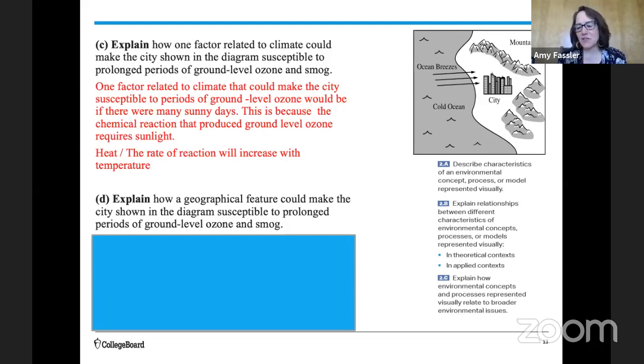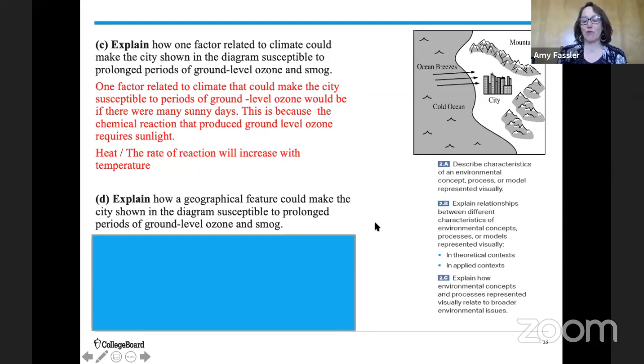Sometimes those things go hand in hand. I think the key climate factor is that idea of sunlight. It's got to be a sunny area. Areas, even big urban areas that just don't have a lot of sun, where it's overcast a lot of the time, just don't have those problems with photochemical smog.